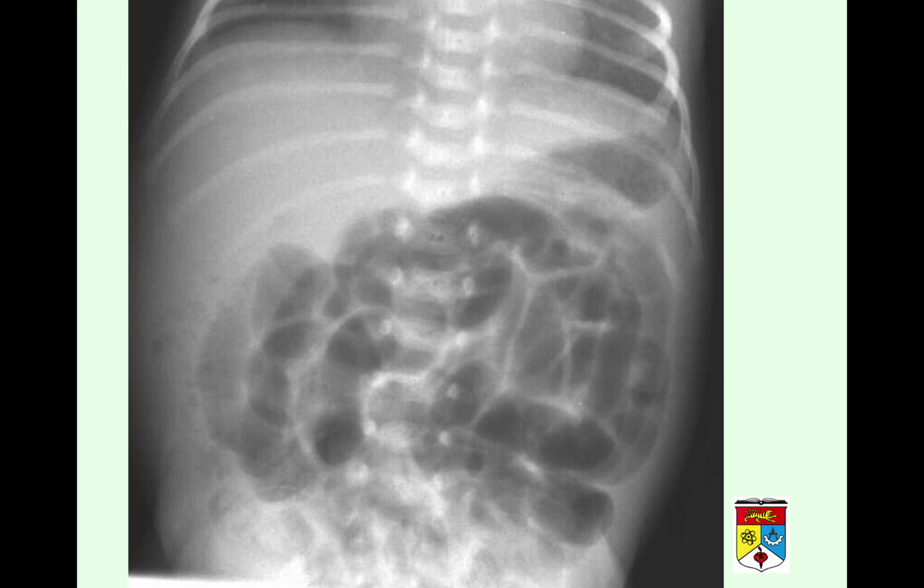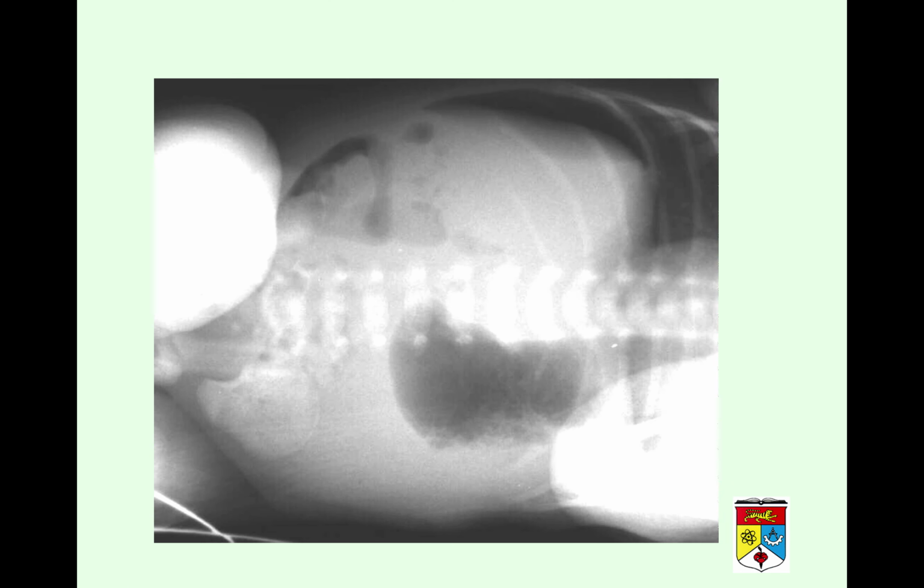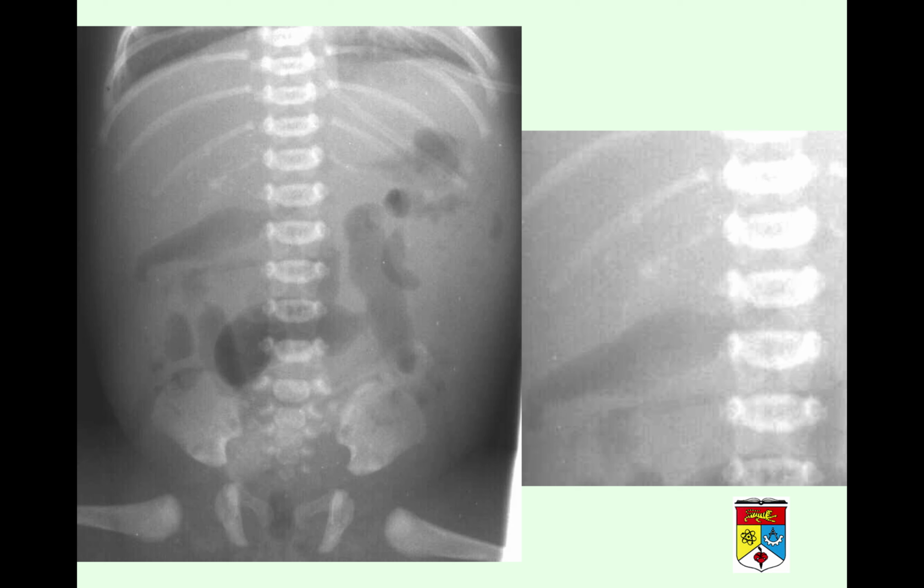In a case like this, you might want to do a lateral decubitus or a cross-table lateral shoot-through, just to get a clear demarcation of whether this is a pneumoperitoneum or not, and in this case it is a pneumoperitoneum.